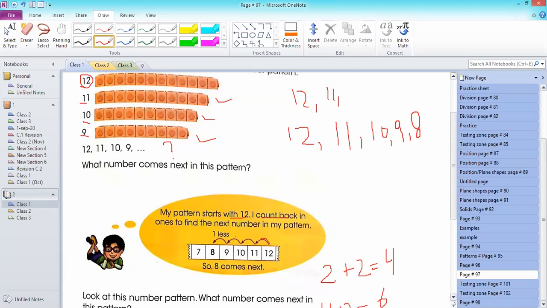So we can see that in this pattern we are going back. That means 1 less, which means we are subtracting 1, and we can find the next number by counting back or by subtracting 1. It will be 8, 7, 6, 5, 4, 3, 2, 1, like that. Is it clear, guys?